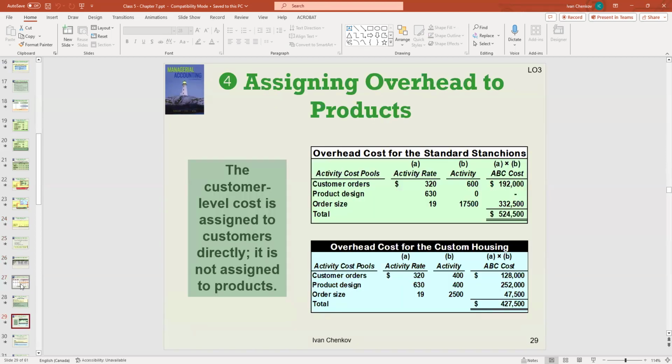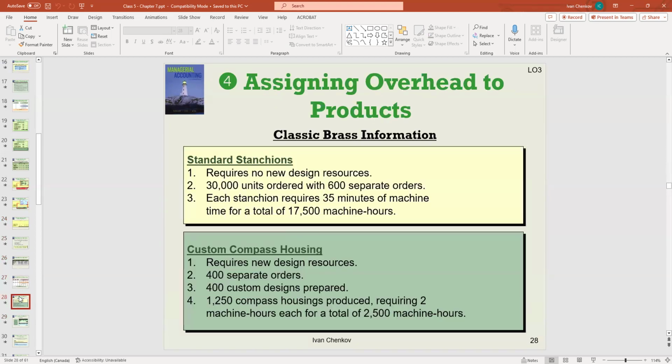Now the question is, can we get more information about the company? Yes, we can. So this company has two divisions. One division produces the standard sanction. That division requires no new design. They have 30,000 units ordered with 600 separate orders.